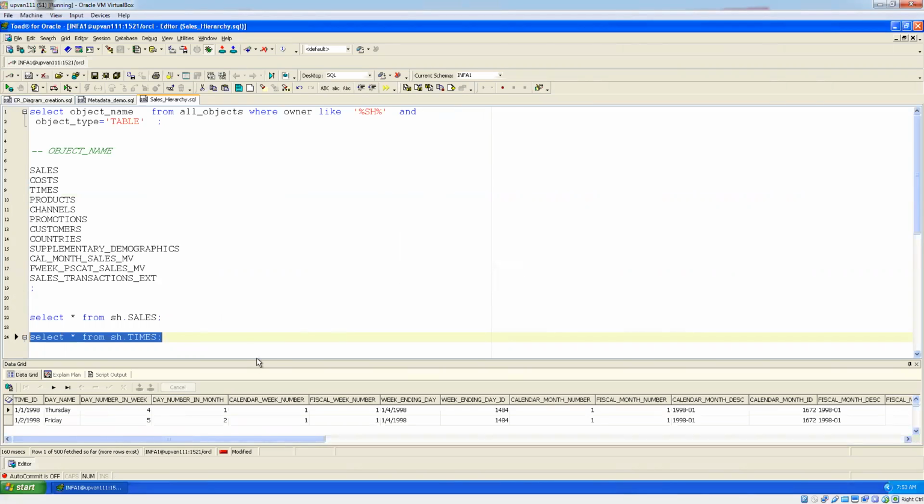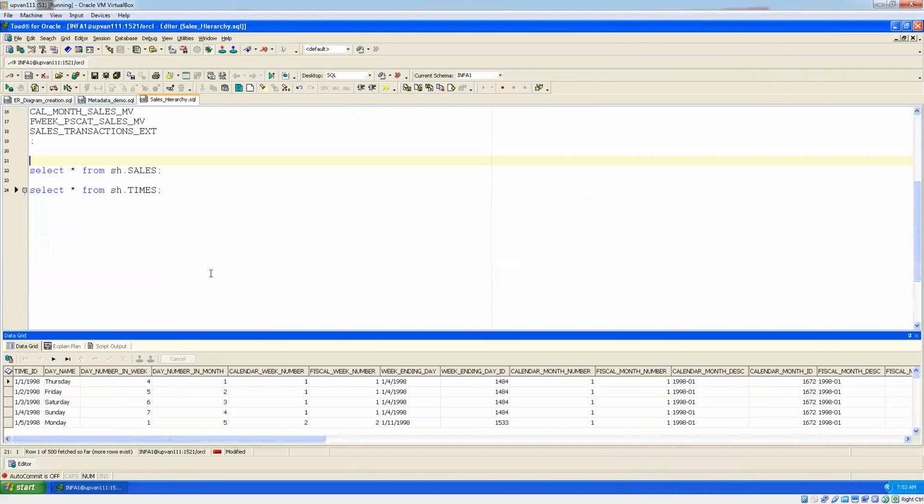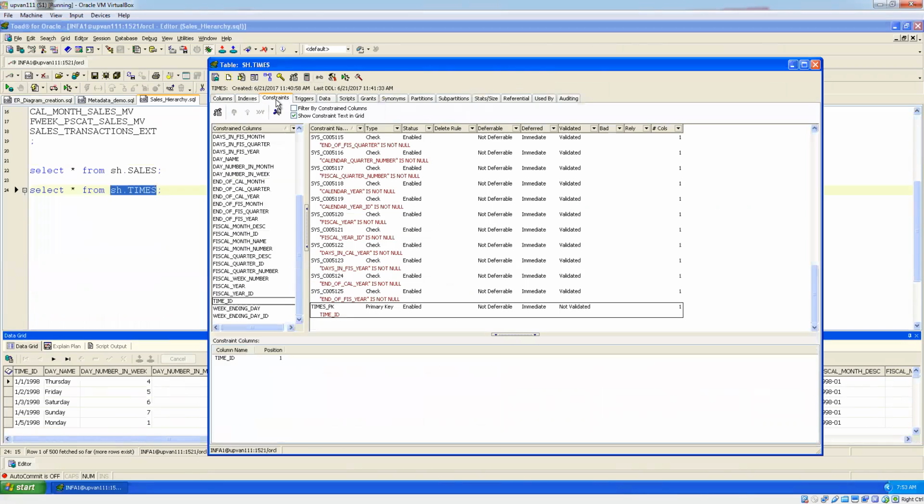Do we have a primary key in this table? Yes, we have a primary key called time ID. How can we see it? By looking at the constraints. This time ID is the primary key of this table.